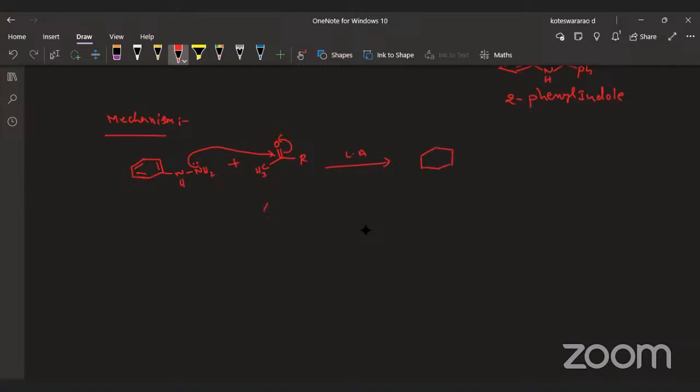Then it first undergoes the addition, giving O minus, CH3, or it carries the positive charge. To neutralize this positive charge, this carbon-hydrogen bond pair will be taken by the nitrogen. This proton is abstracted by this negative charge.